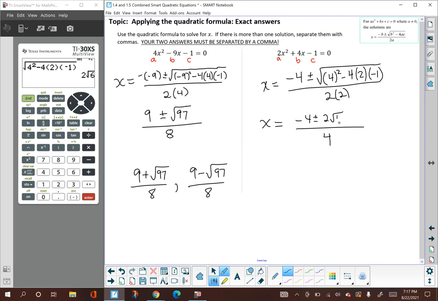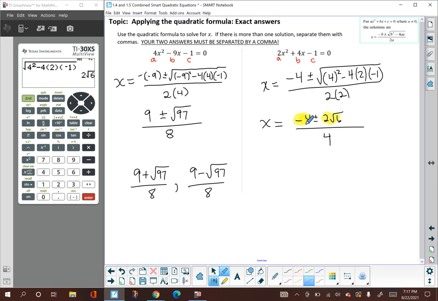Now, this is an example of one where we need to do a little bit more simplifying. Our numerator has 2 parts, and our denominator is dividing both of those parts. So if you look at those 3 locations, the 2 parts in the top and the 1 part in the bottom, if you can reduce all of those by the same factor, you need to do it.